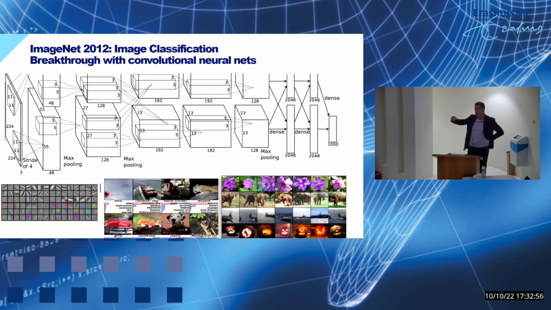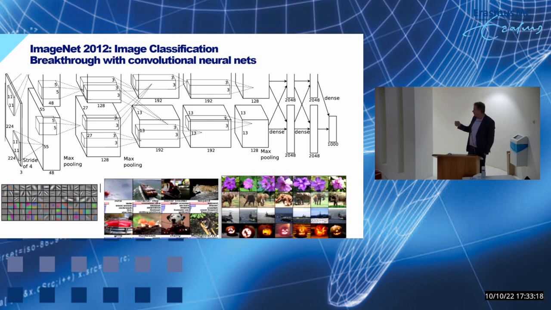And every year you saw that the performance of algorithms improved. But in 2012, all of a sudden, this network outperformed all other methods, and it was the first time that the learning-based method outperformed knowledge-based methods. It outperformed the other methods by so much that people thought it may be an error in the way they did the ranking.